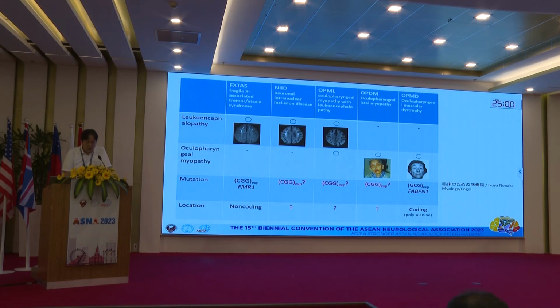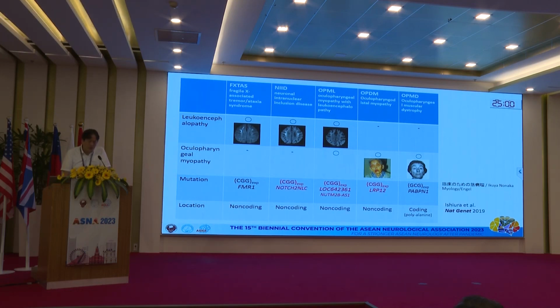Because we had done research on this, we suggested these diseases are also caused by CGG repeat expansions, because FXTAS is caused by CGG repeat expansions in FMR1. And the hypothesis was correct.